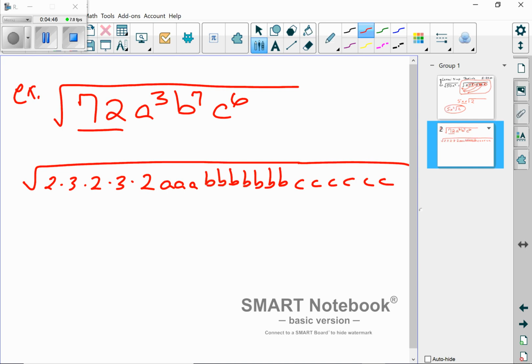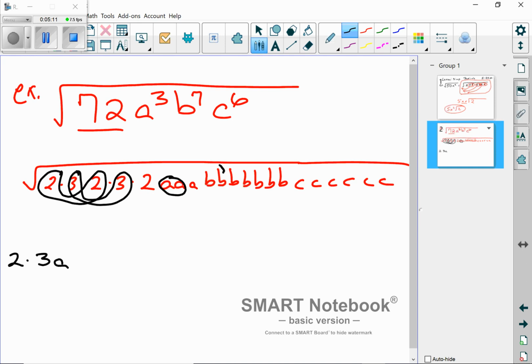So all you do is go through and look for pairs. When you find your pairs, you pull one of those factors out front, right? We have a pair of 2s right here, so 2 goes out front. We have a pair of 3s, so 3 goes out front. We have a pair of a's, so you pull an a out front.